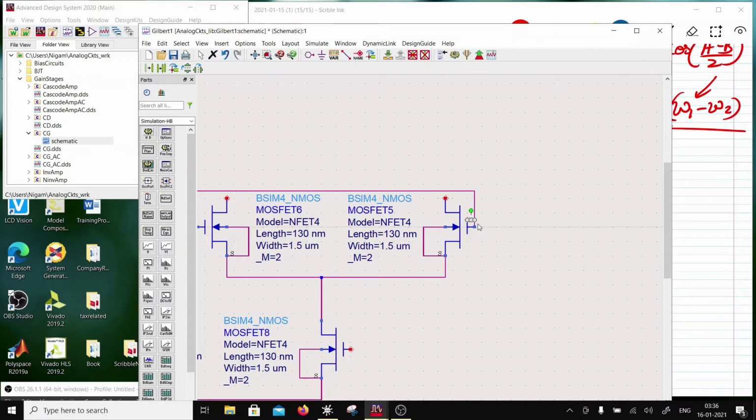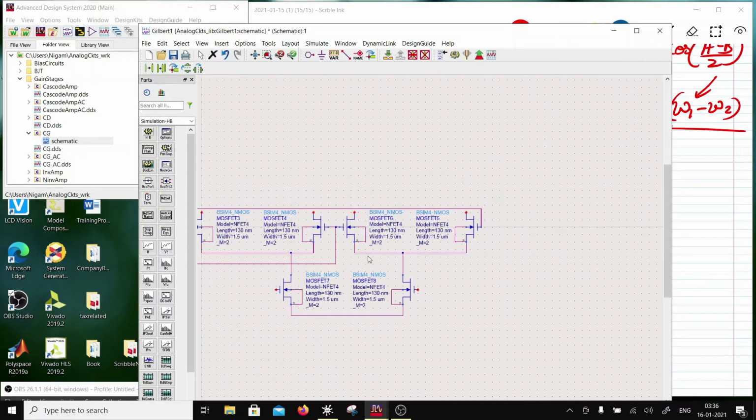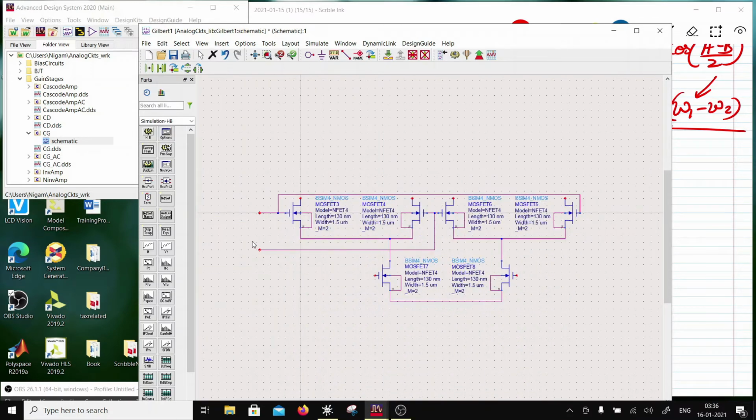So don't worry about this, that's the connection. So now we have these connected to Vy, and then we have Vx. So this is your Vx.